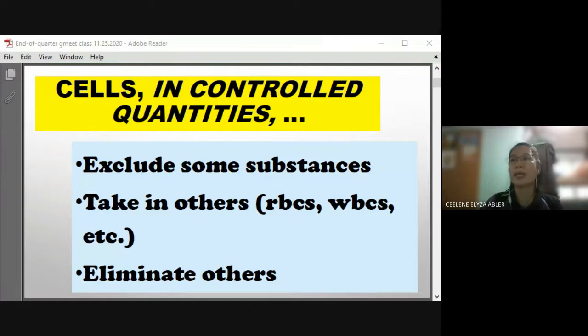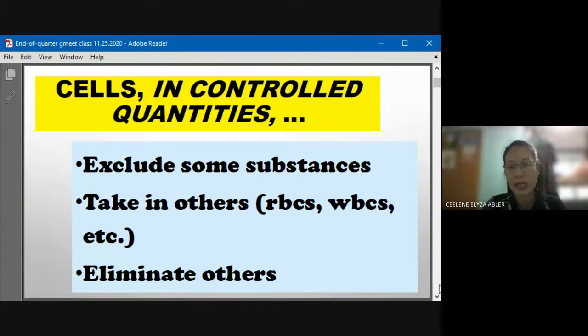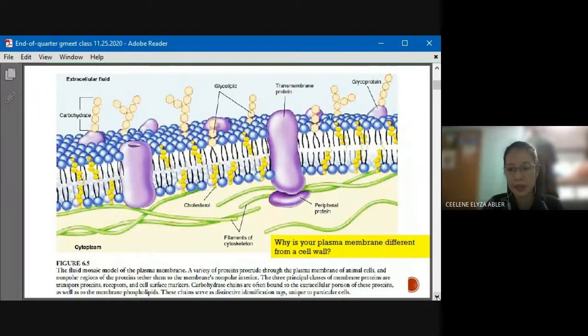Halimbawa, may substance siya na nagawa, tatanggalin niya or ipapadala niya sa ibang cells. So those are some of the things that the cell can send out.